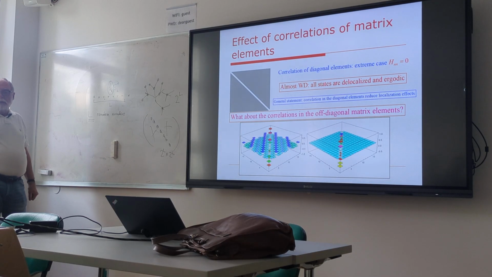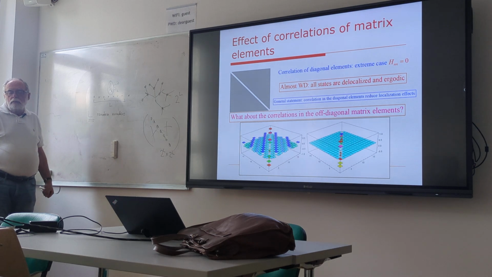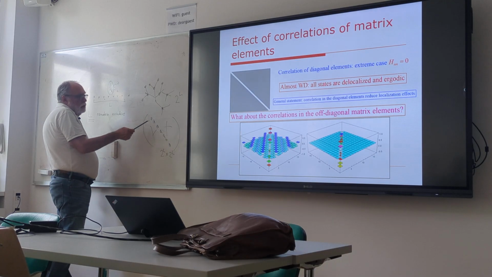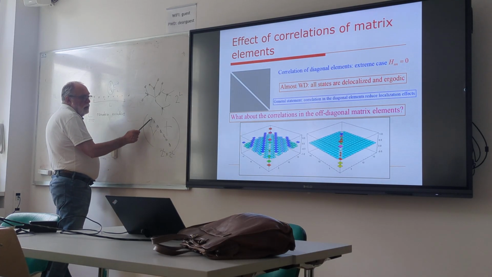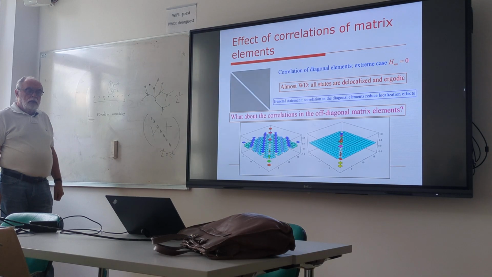So when I studied this RRG situation, I had the Anderson model on the graph, and the Anderson model is when all these random numbers on the diagonal are all independent.